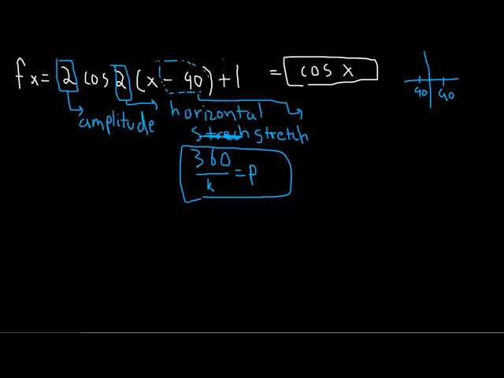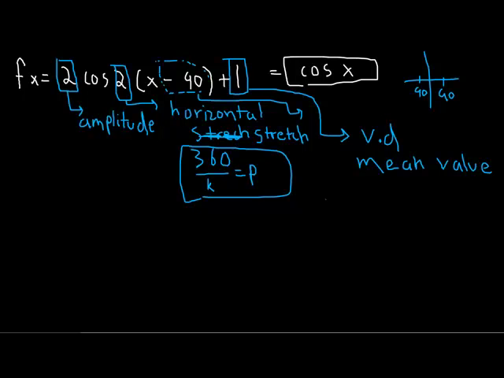And our 1 at the end is our vertical shift or our vertical displacement, or our mean value. This is basically the value of the middle of your graph.